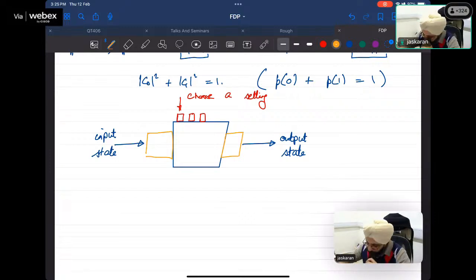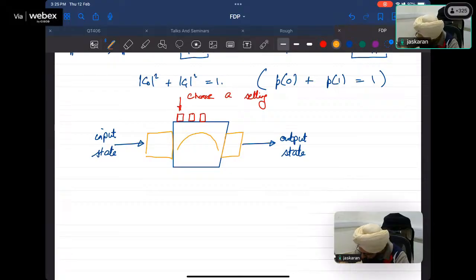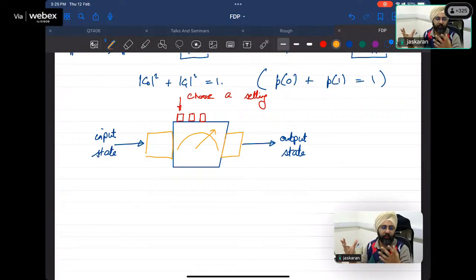So I will make this outcome like a meter. A meter reading could be, for example, your position or maybe the time or whatever. It could be some meter which may have a continuous set of outcomes. It may have a discrete set of outcomes. It may have infinitely many or finitely many.